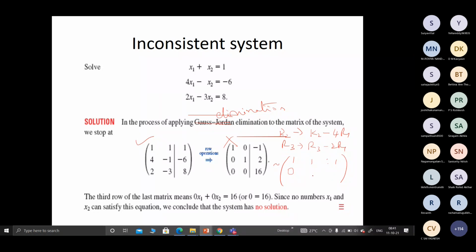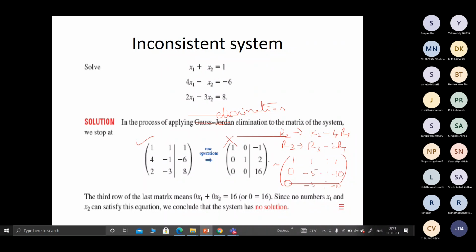Correct? And minus 10. And what about this 0 anyway here? And minus 3, minus 2, minus 5. Minus 10. See, second row and third row are same.